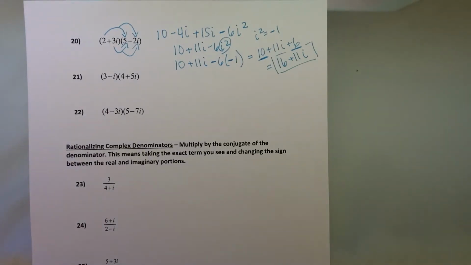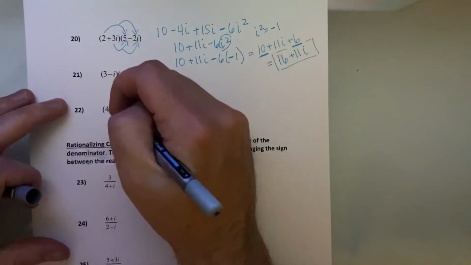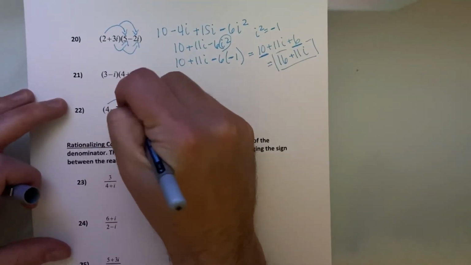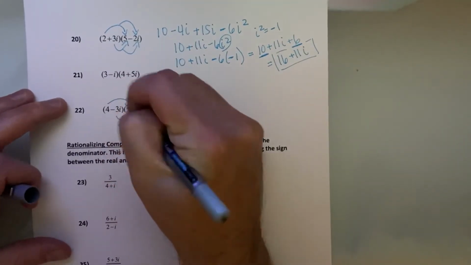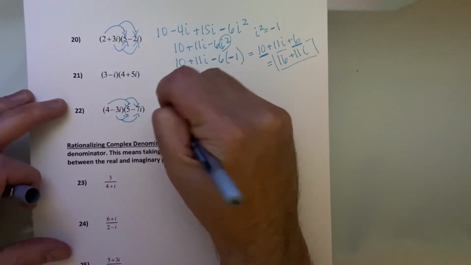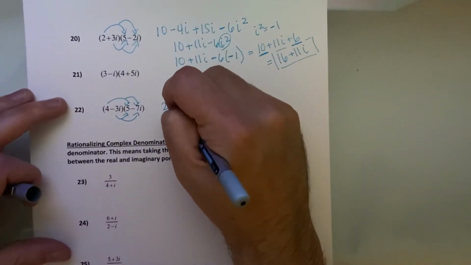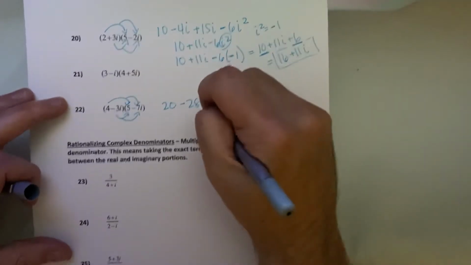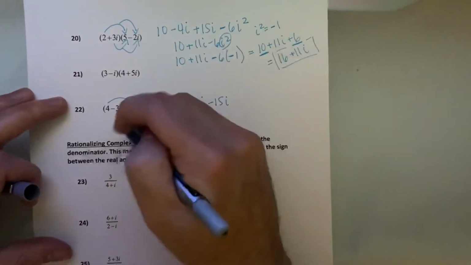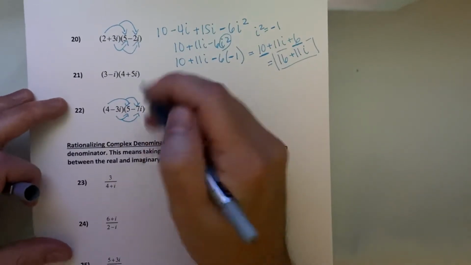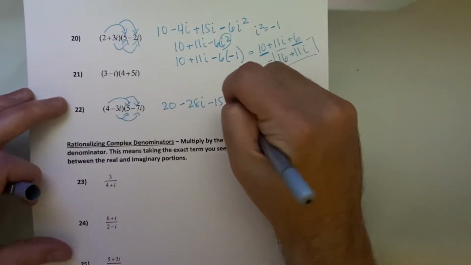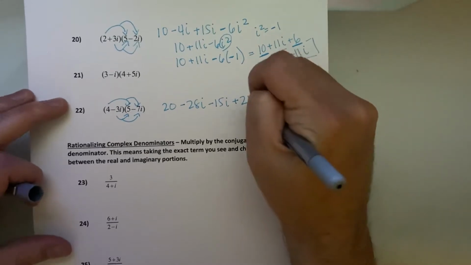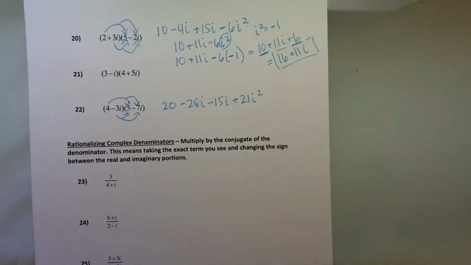Now, true to form, we'll skip number 21 and do number 22. 4 minus 3i times 5 minus 7i. And again, distribute. 4 times 5 is 20. 4 times negative 7i is negative 28i. Negative 3i times 5 is negative 15i. Negative 3i times negative 7i, negative times negative is positive 21i squared.